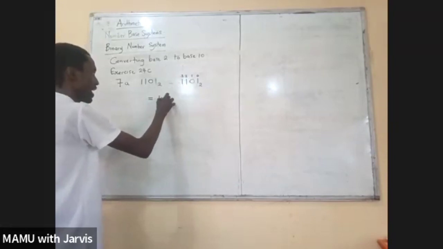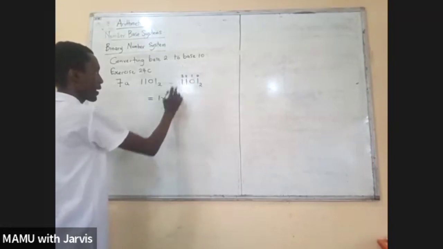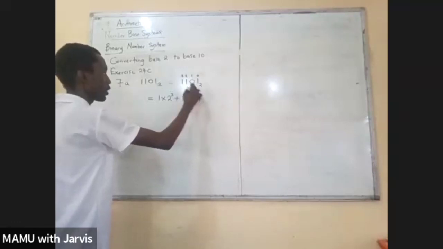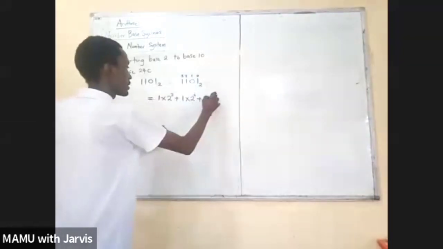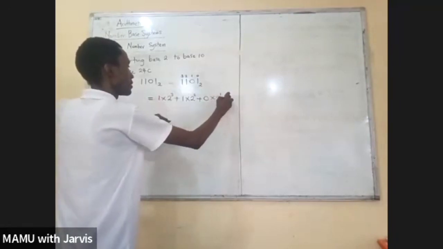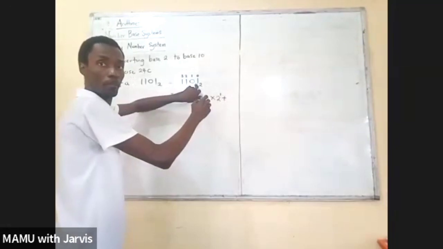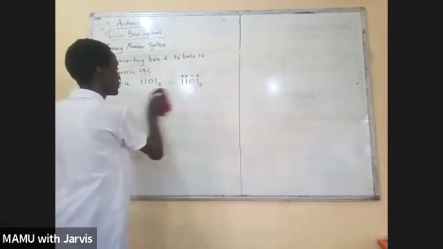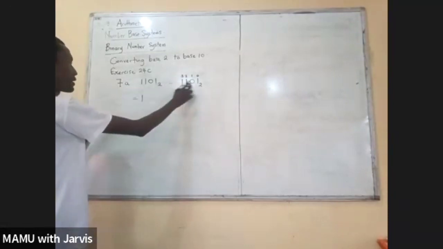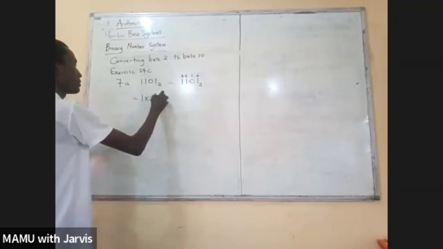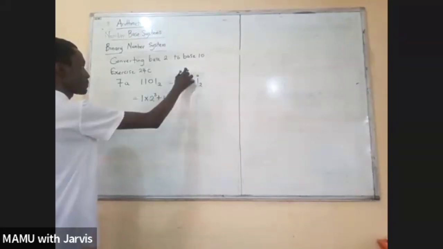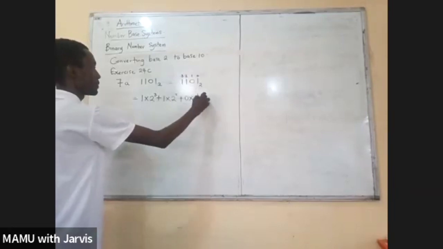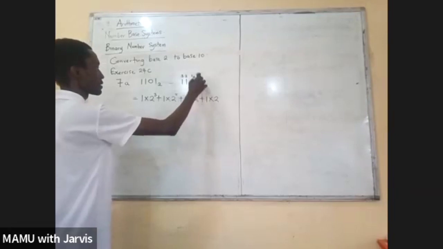This would be number times base to power, plus number times base to power, plus number times base to power, plus number times base to power.